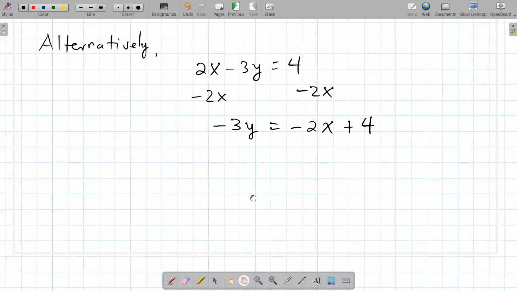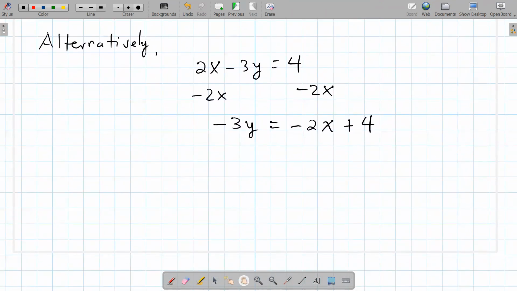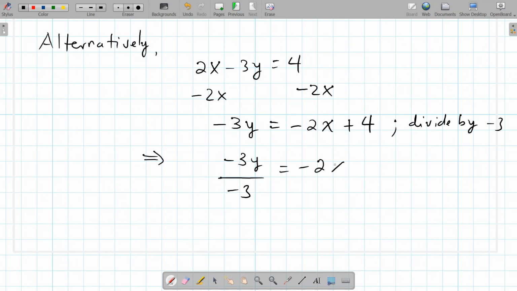And from here, I divide both sides by -3. So that means -3y over -3 equals -2x over -3 plus 4 over -3.